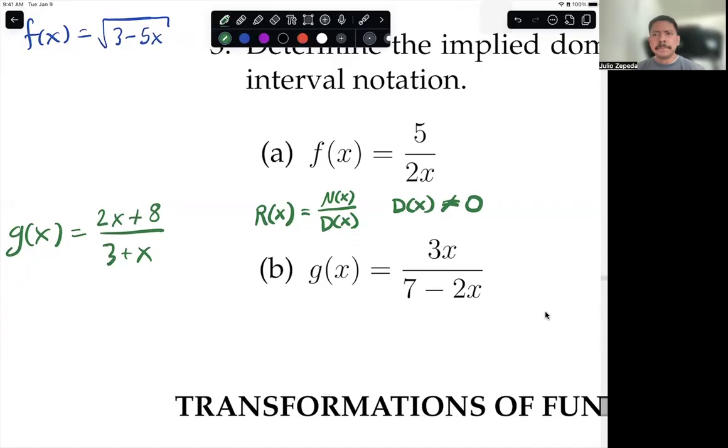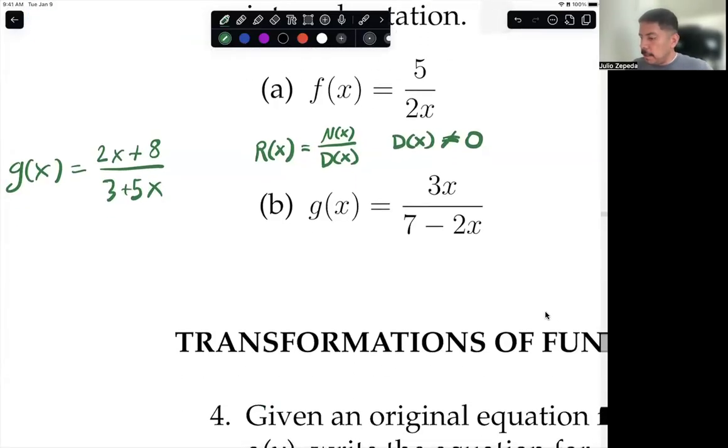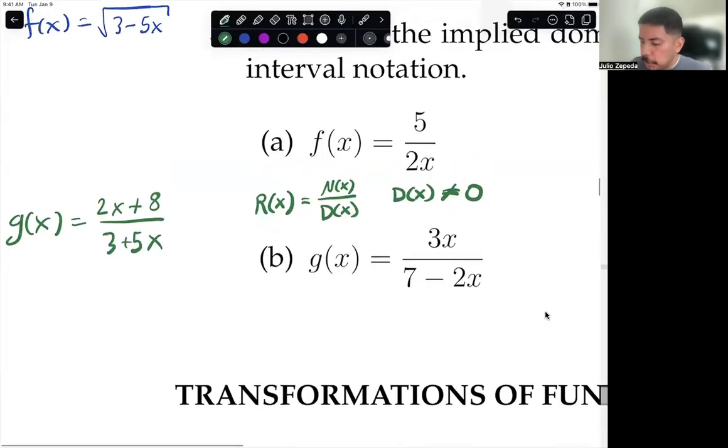Okay, so here is a function in green called g of x. Let's give the function g of x equals 2x plus 8 divided by 3 plus 5x. Okay, let's modify it just a little bit. So what values of x cannot be plugged into this function? Well, I could try plugging in just a number, like g of 1.